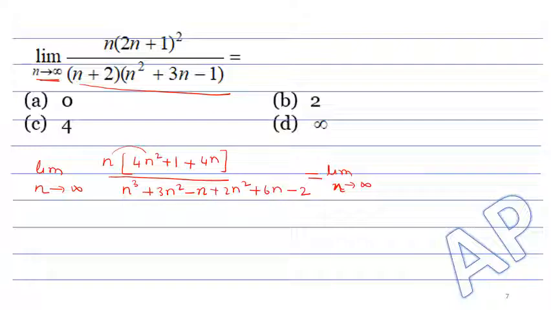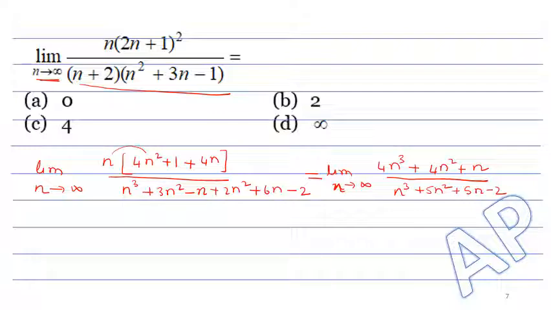So I have 4n cube plus 4n square plus n divided by, let me simplify the denominator so that I have n cube, 3n square plus 2n square is 5n square, and 6n minus n is 5n minus 2.